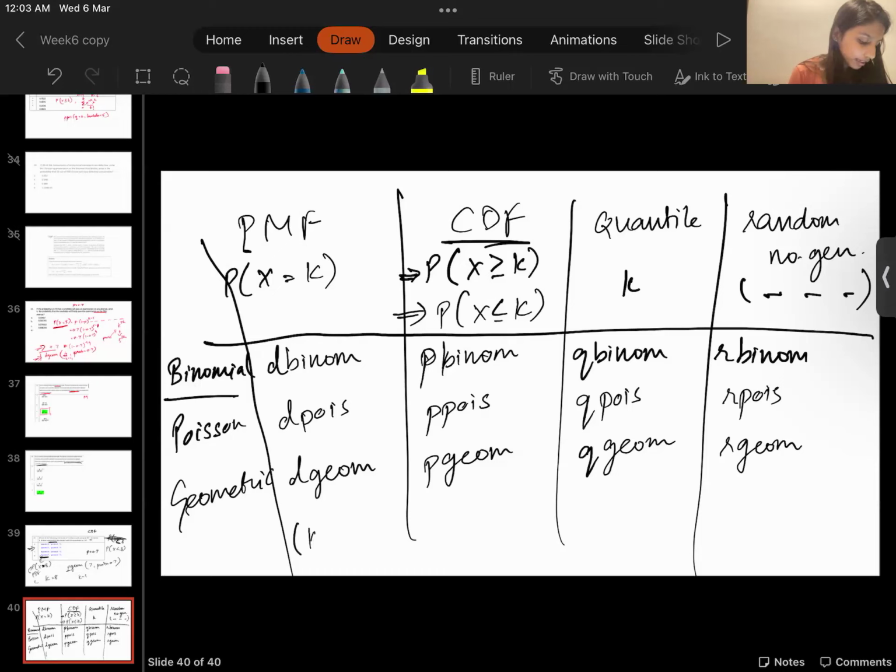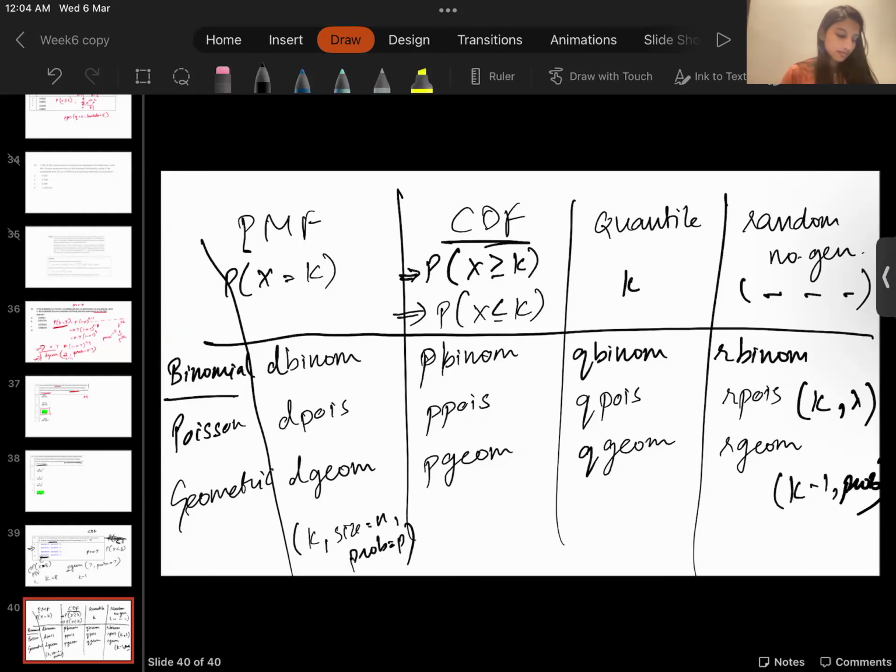In the bracket you will specify k comma size is equal to n, prob is equal to p for binomial. For Poisson, you just have to specify k comma lambda. For geometric, again you specify k minus 1 comma prob. These are just some things you have to remember when you solve it with R.